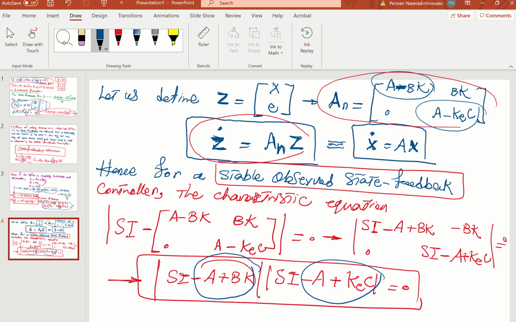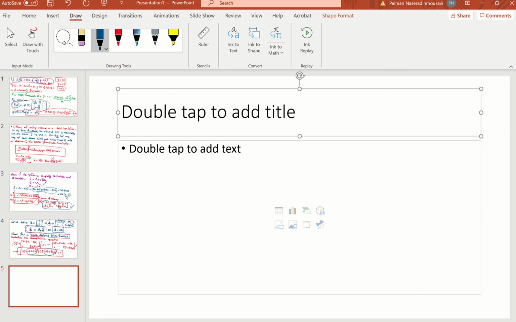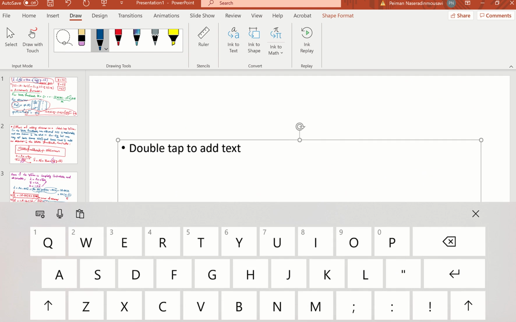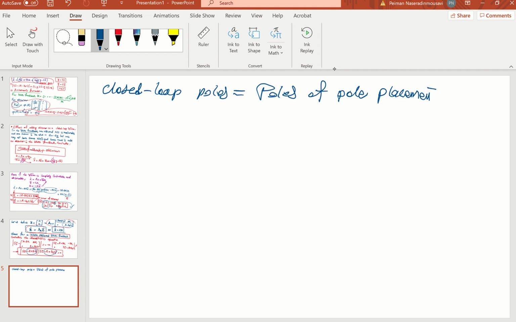So the closed loop poles are poles of pole placement for the state feedback, as we have done by example in Matlab.